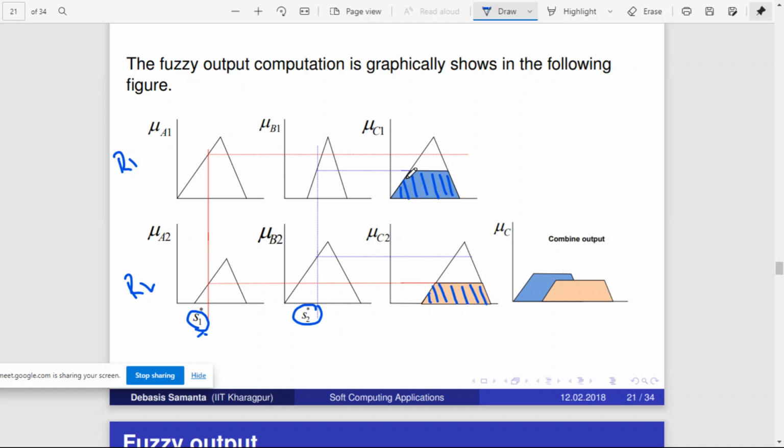This same operation we have to do for our inputs also. In our case, S1 star is 1.04, S2 star is 30 degree. And what are the things we have? We have one membership function for near, one membership function for ahead right, one membership function for far, one membership function for ahead right.